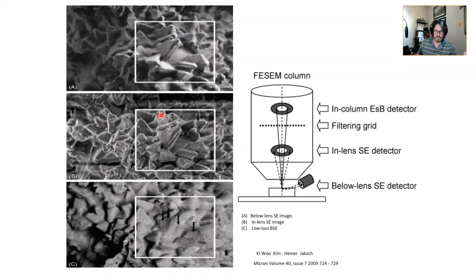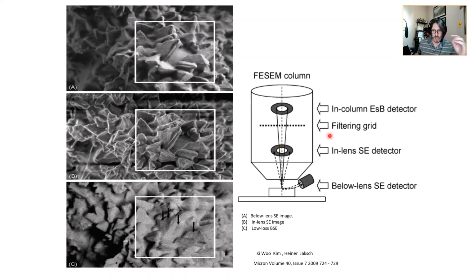Here, their in-lens detector, much higher fidelity on the topography. And if I compare this part of the triangle to this part, I see facets that I don't resolve with a typical below lens SE detector. Okay, so this is the power of putting your detector in the lens.